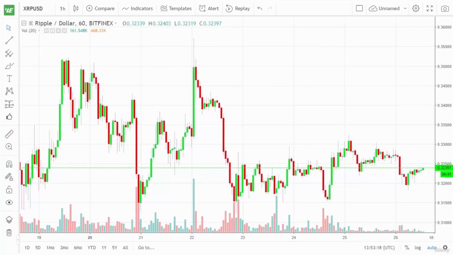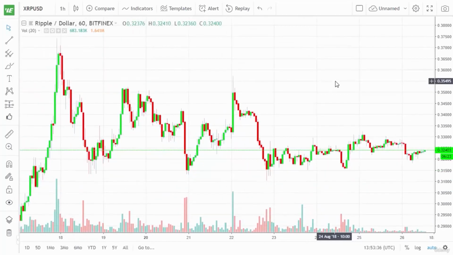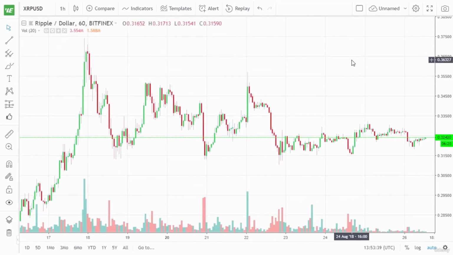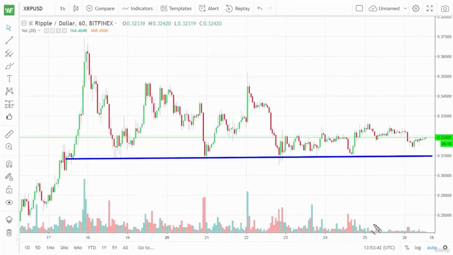Support and resistance can be thought of as places where the market supports price or resists price from gaining. It is where you have an imbalance of buyers or sellers, and the market simply cannot pass through that area. So, as you see the Ripple chart in front of you, it doesn't take a lot of imagination to notice that somewhere around 31.5 cents, there seems to be buyers coming back into the market.